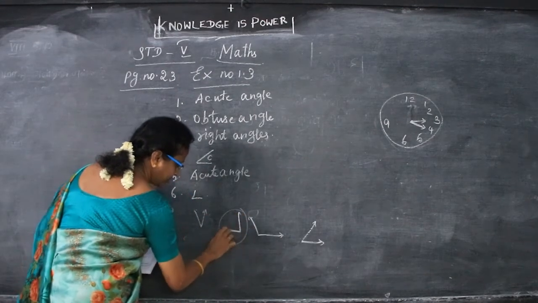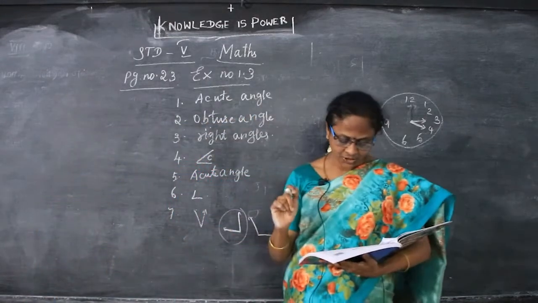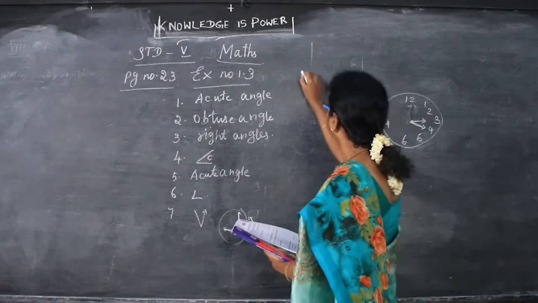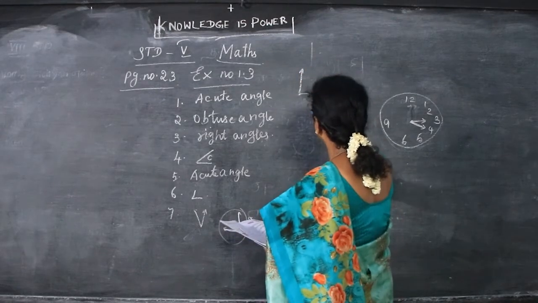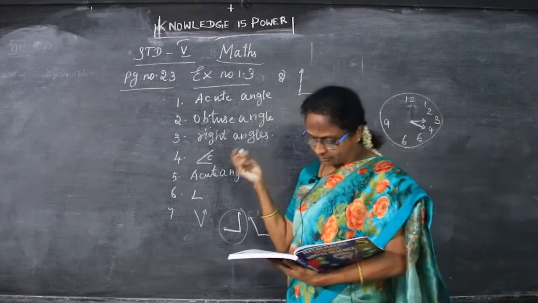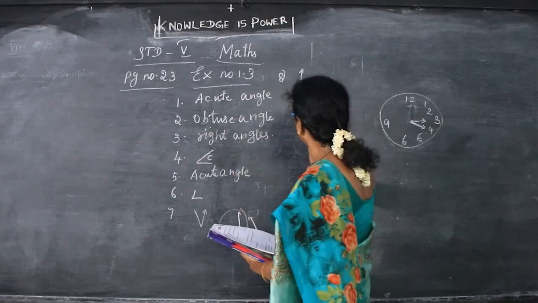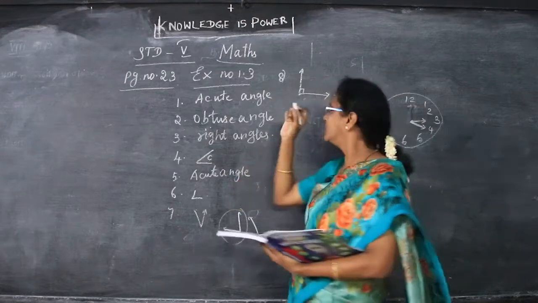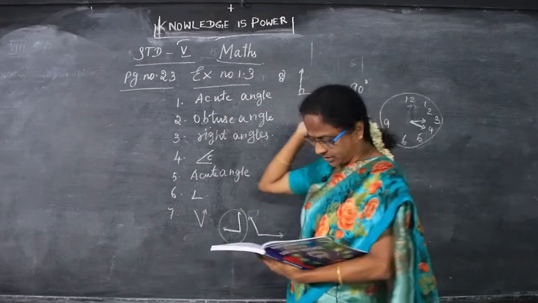It comes straight, so this is the right angle. So you put a circle. The angle shown in the picture: more than 120 degree, more than 180 degree, less than 45 degree, or 90 degree. So this is 90 degree. So the 8th answer is 90 degree, take it down.